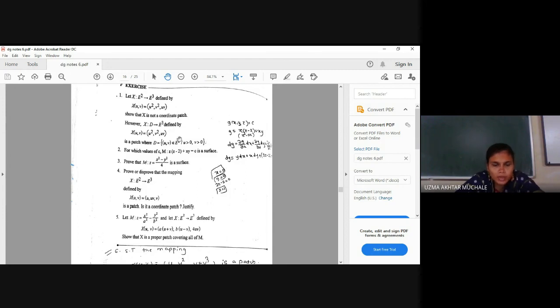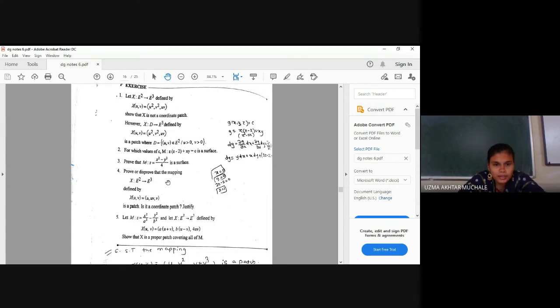So this will be a coordinate patch only if u and v both are strictly greater than 0. So hence you are getting u1 is equal to plus or minus u2. But as negative is not in our domain, you can restrict it. So with the help of that, you can get u1 is equal to u2 and v1 is equal to v2. Correct? Yes, ma'am. Okay.